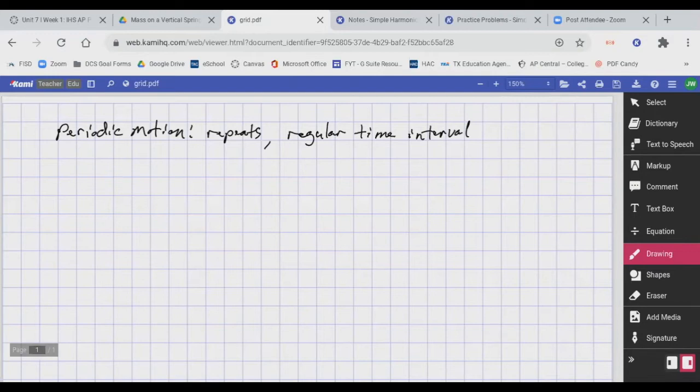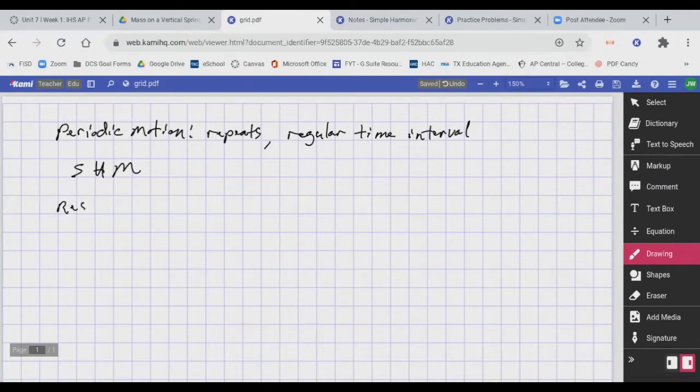Okay. Now, simple harmonic motion, I'm going to just abbreviate SHM, simple harmonic motion, is periodic. Okay. But it's a special type of periodic motion. It's a periodic motion with a restoring force. Restoring force. What is a restoring force? Well, I'm glad you asked.